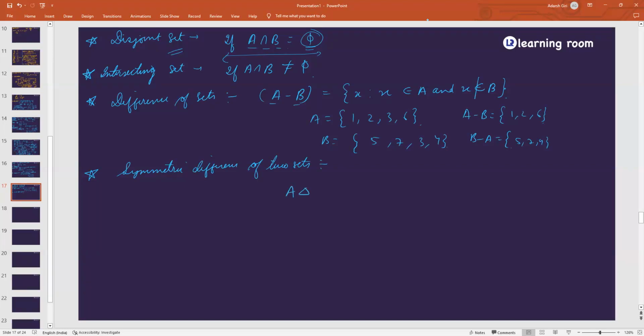It is denoted by A delta B, and that is A minus B union B minus A. Like in the previous question, we did A minus B and B minus A. So A delta B will be 1, 2, 6, 5, 7, 4. Understood, everyone? Yes, sir. Any doubt here? Sure? Good. So this is A delta B.